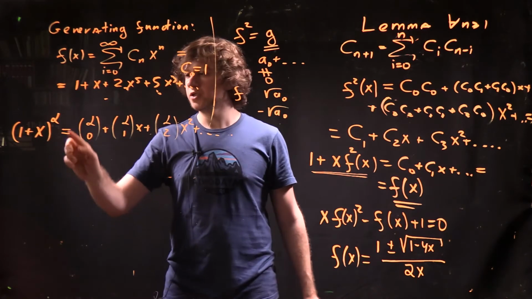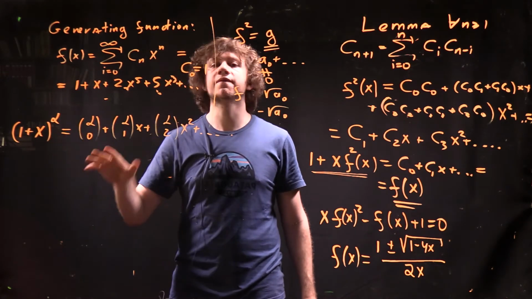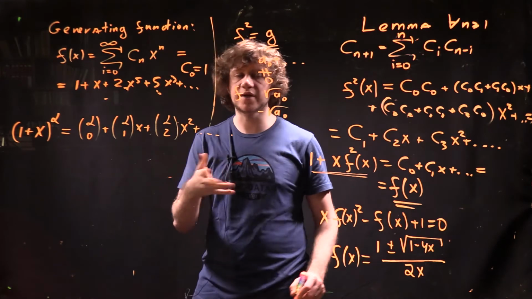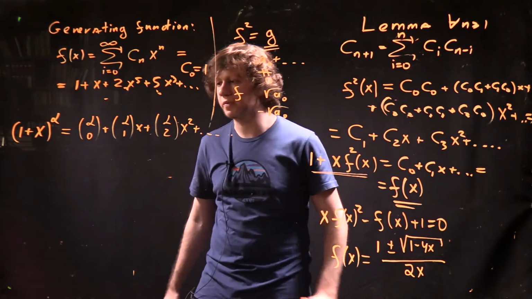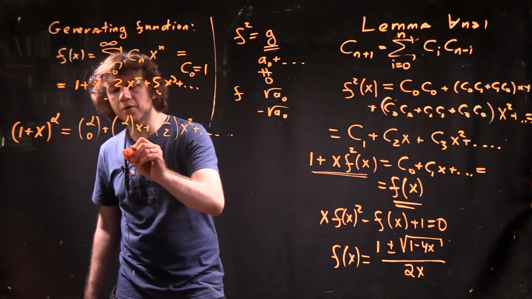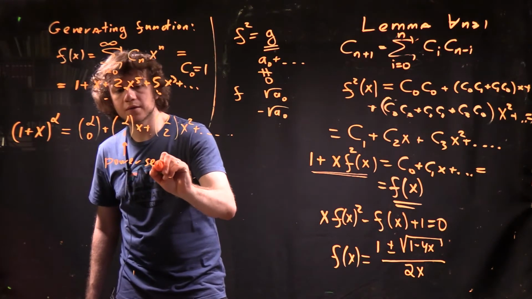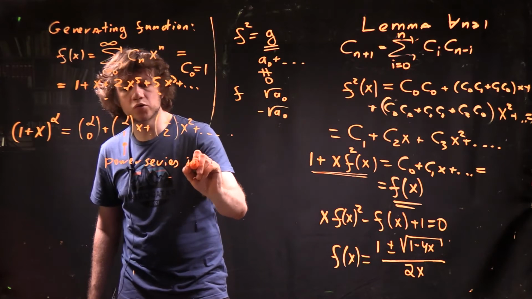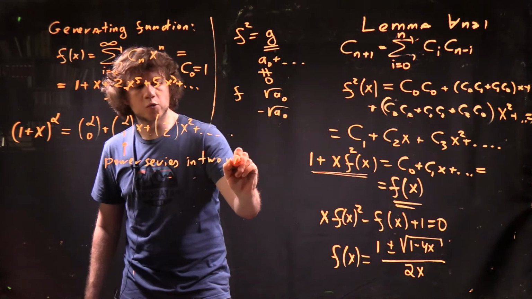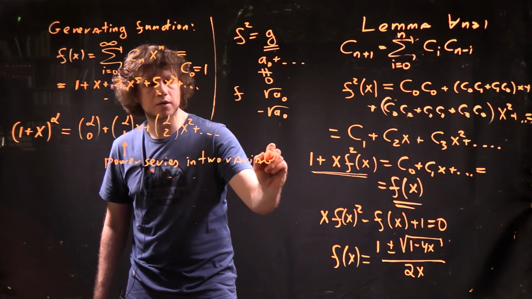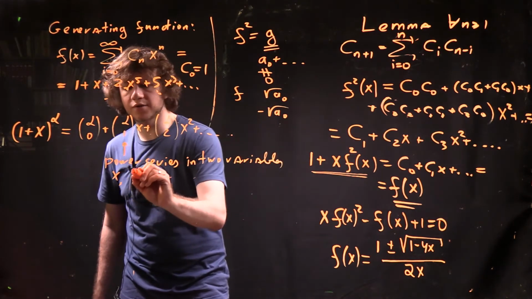But this is not a number. I take x and alpha as variables. You can think of them as polynomial variables, just as polynomials. And this is a power series in two variables, if you wish: one of them is x, and another is alpha.